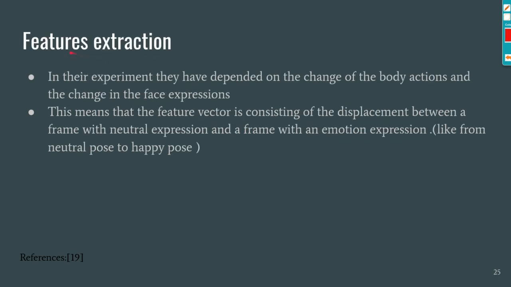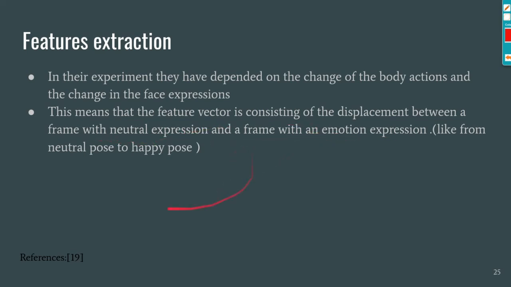So they began with feature extraction. In this experiment, they depended on the change of the body actions and the change in the face expression. Let's make it easy: from a frame with a neutral expression to a frame with an emotion expression.